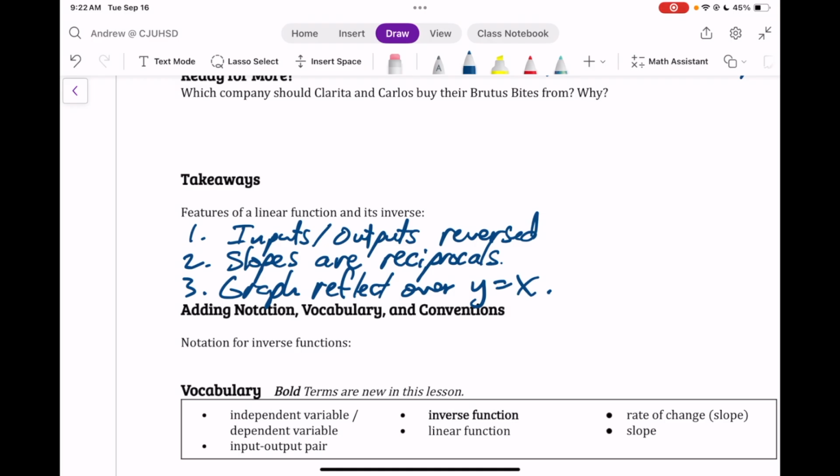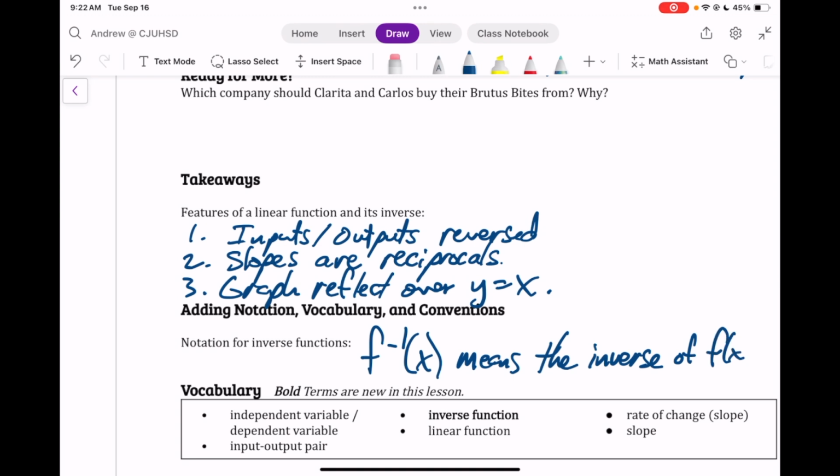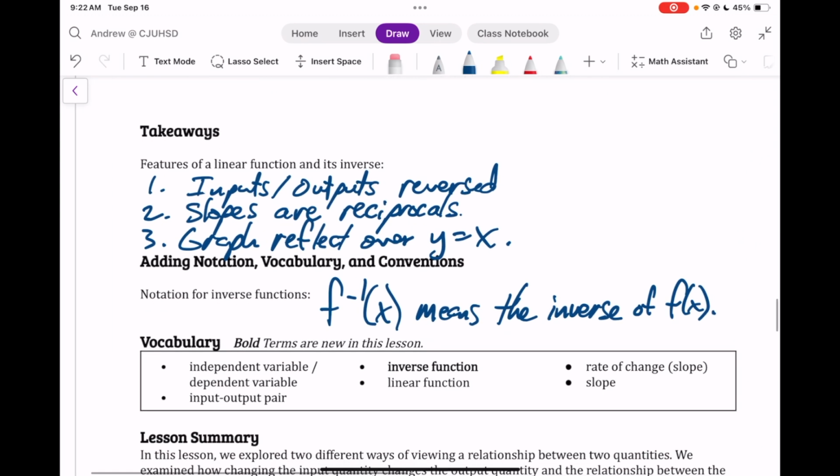So notation for inverse functions, f to the -1 like this actually means the inverse of f of x. We talked about independent, dependent variable.